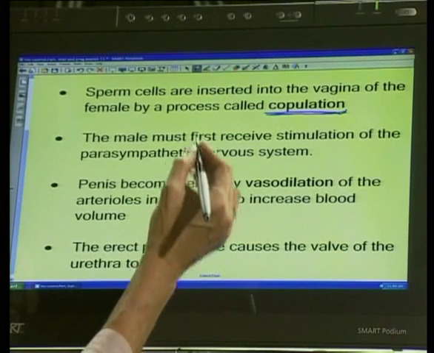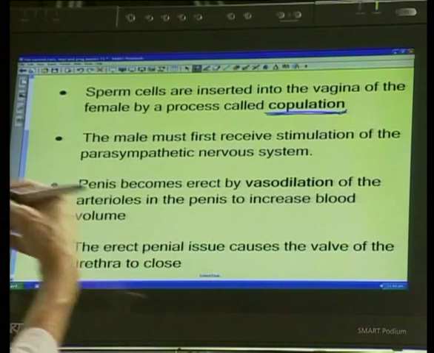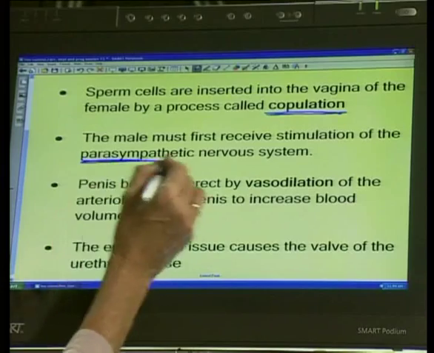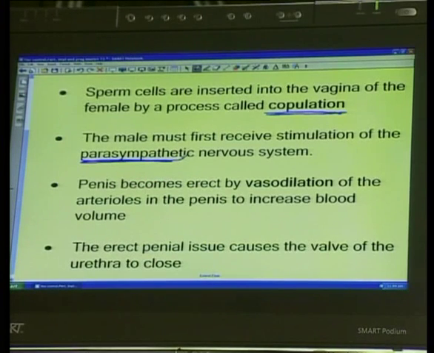Okay, the male must first receive stimulation from the parasympathetic nervous system. Now remember, parasympathetic is part of your autonomic nervous system, all right? The whole autonomic nervous system works without the will.